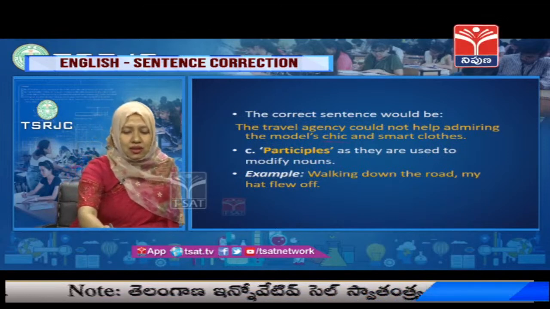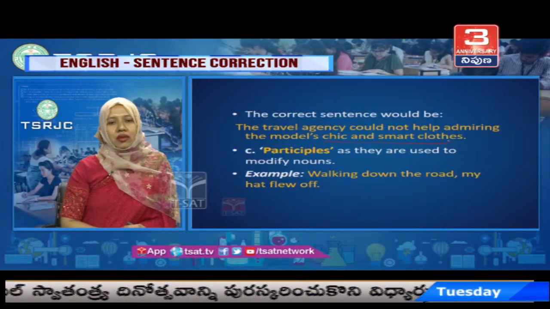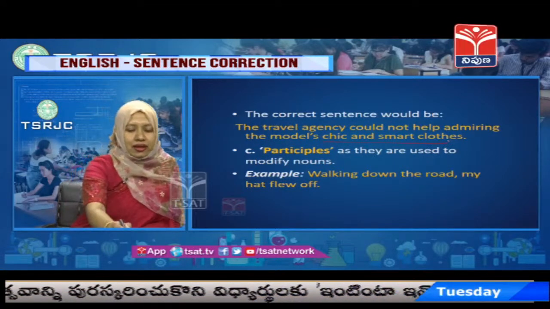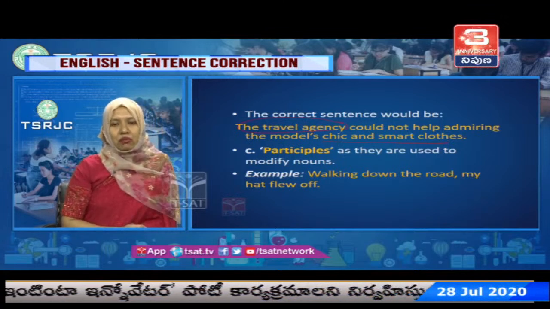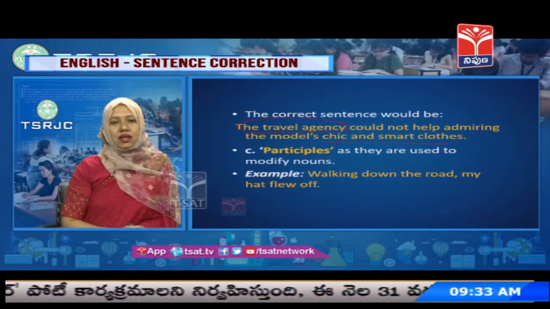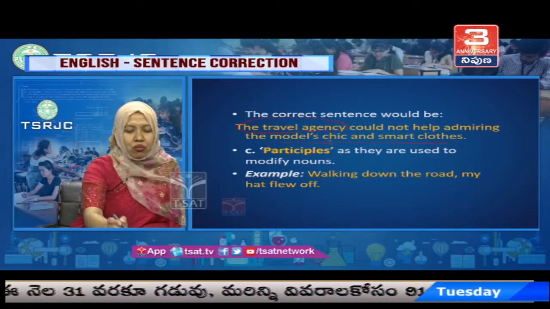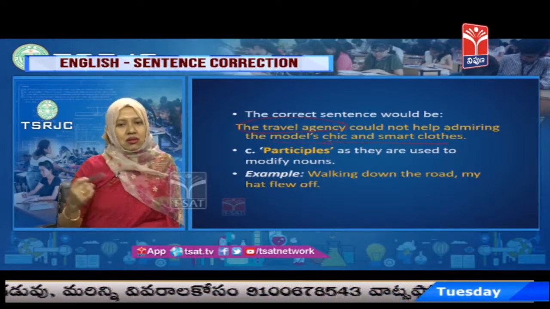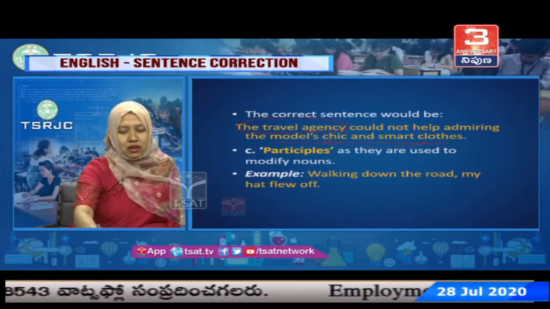So, here the chic and smart clothes should come a little later. If you start the sentence with the subject, the travel agency could not help admiring models' chic and smart clothes. So, here we are talking about chic and smart clothes.